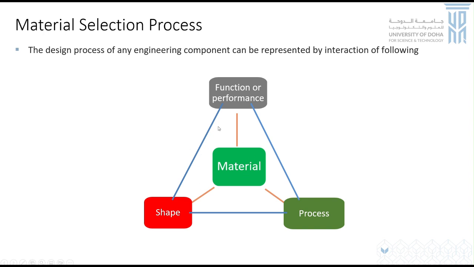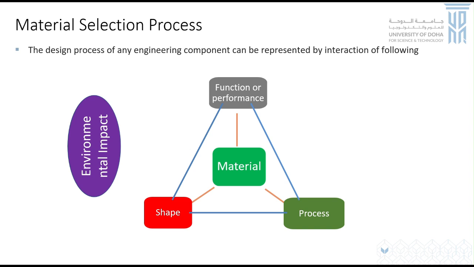Furthermore, the environmental concerns are becoming more and more important for us as engineers to deal with, because we understand the implications of the choices that we make in terms of material selection, that how much they can affect the planet. We need to think about the environmental effect of the material selection in parallel to the other aspects. So these may not be input as a direct constraint on material selection, but often once you have achieved the basic performance requirement, basic shape and the process, then you compare different options in terms of their environmental impact.